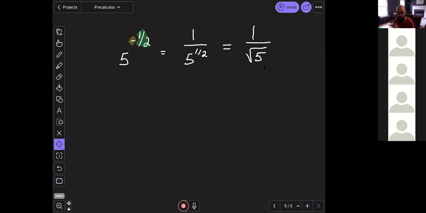So it's just 3 different ways of representing the same thing. Okay, so what we're going to see is we're actually going to try to figure out what the equations are for exponential functions, and we're going to need these rules here.